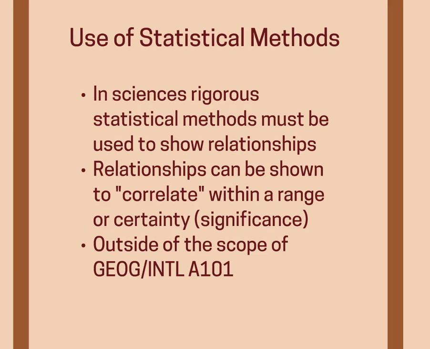That still doesn't demonstrate causation. It may just show that there's a strong correlation between two variables. We might need to look again and again at other factors to determine if there is some sort of causal relationship there. Now, the use of these statistical methods and the search for causation, again, outside the scope of Geography International Studies 101. So for the purposes of the assignment, I really just want you to look for very basic relationships.